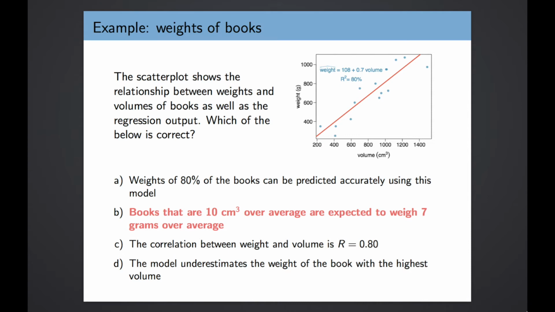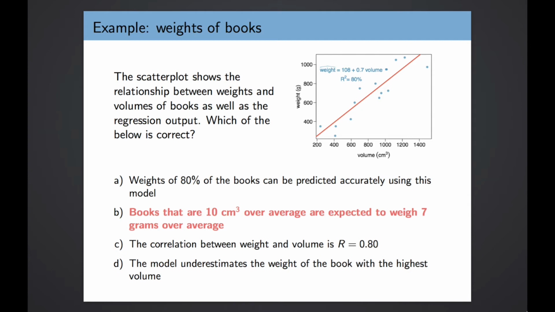And option D says that the model underestimates the weight of the book with the highest volume. The difference between the estimate and the observed value is just the difference between that observed point and the regression line. The book with the highest volume has a volume of a bit more than 1,400 centimeters cubed, and the regression line goes above that point.